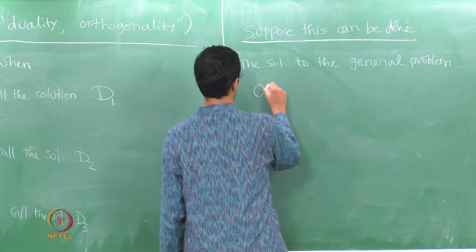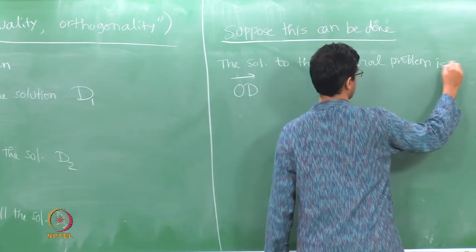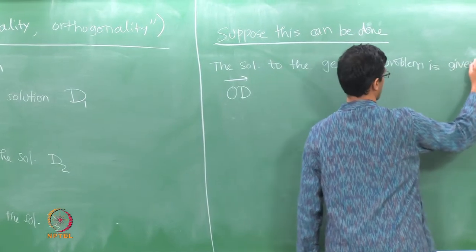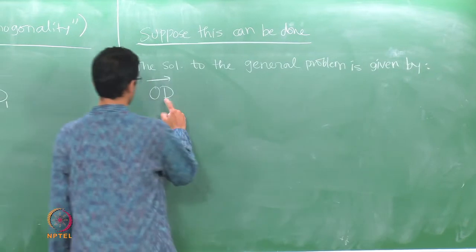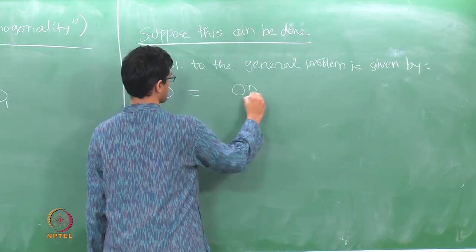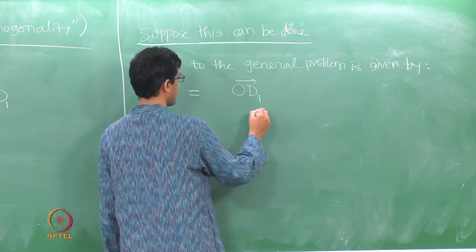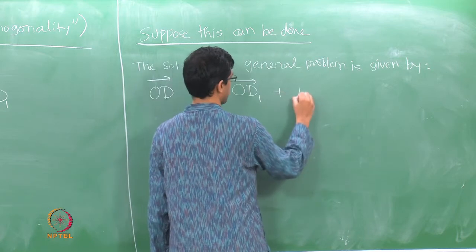The solution to the general problem is given by, so you define the position vector OD as you have 3 position vectors OD1, OD2 and OD3. You just take a linear combination, you say it is A times this plus B times that.